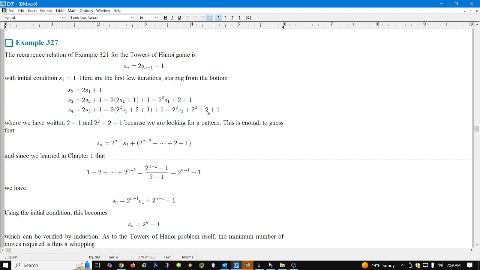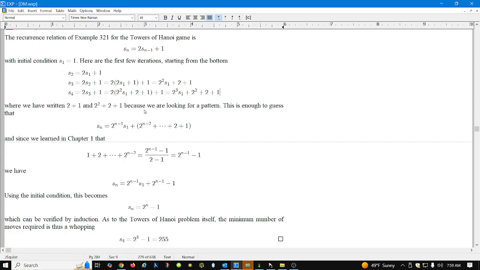And also, rather than writing 3, 2 plus 1, because we're looking for a pattern. And I think we see one here fairly clearly. When this index is 4, we have sums of powers of 2 starting with the third power, and we stick S1 right here.